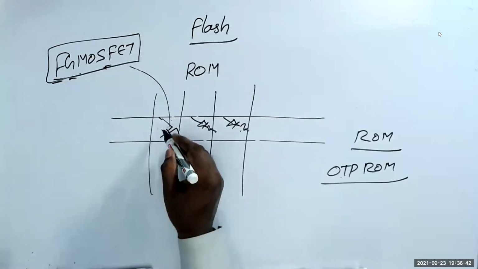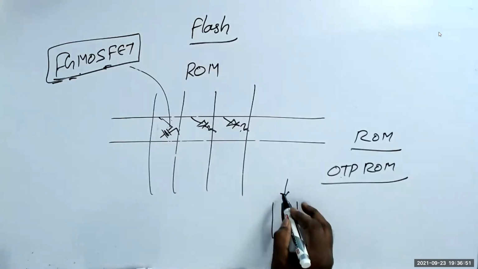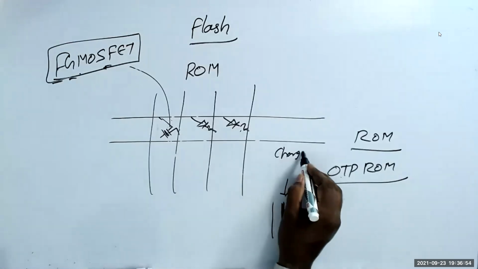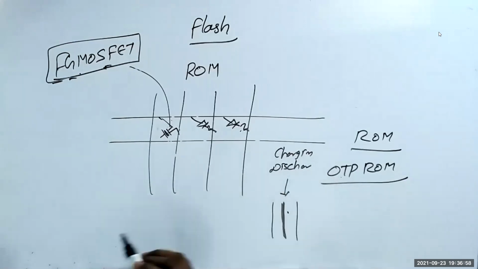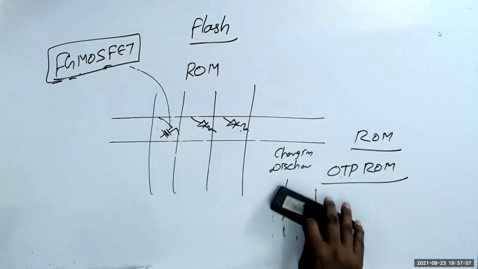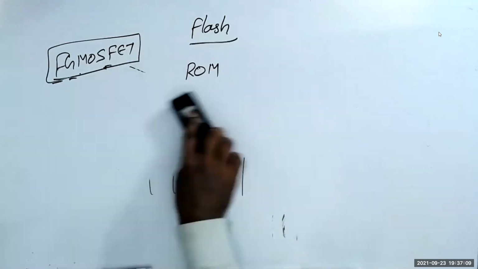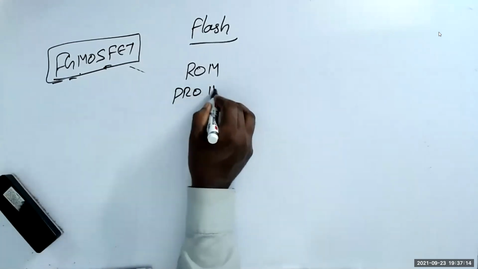The advantage is by this gap, there is a gate. By charging and discharging, I can make this one a connection or no connection. Okay, that's the way we discussed all these things in the ROM discussion. And later, so it's called ROM, PROM, EPROM.